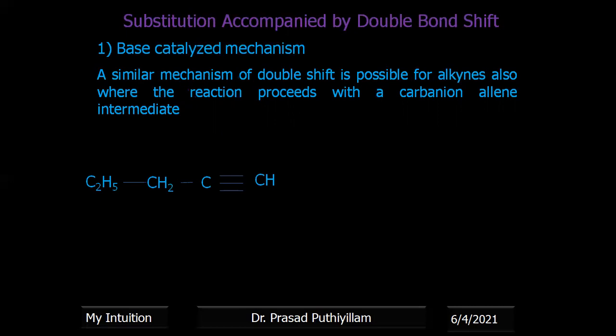So this is an alkyne attacked by a base. I'm expanding this particular CH2 carbon with H, H because I want to remove the proton from that. If I represent it with the bond line representation, it is easy to understand. Therefore, I draw this structure.